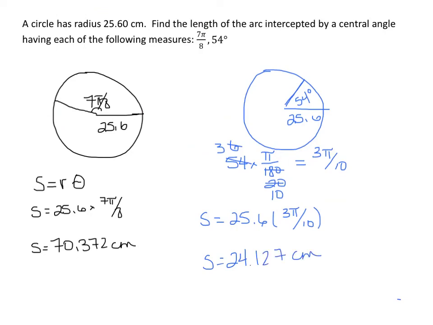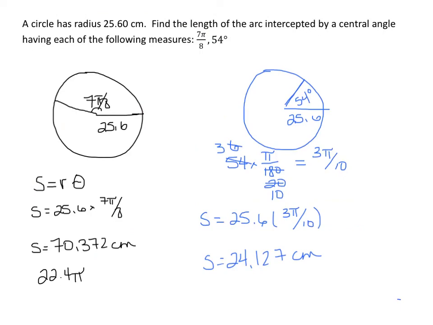Please keep in mind that for either one of these, we could have very easily left our answer in terms of pi, and in order to have done that, we would have multiplied 25.6 times 7 divided by 8, and the answer we would have gotten would have been about 22.4, and then we just tack pi onto the end of that.